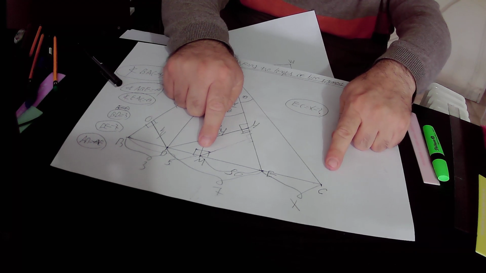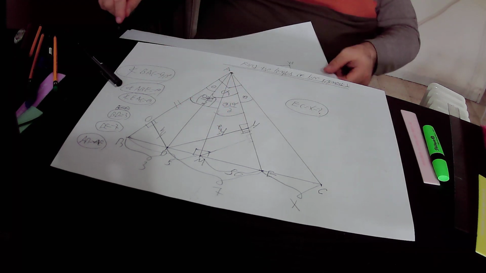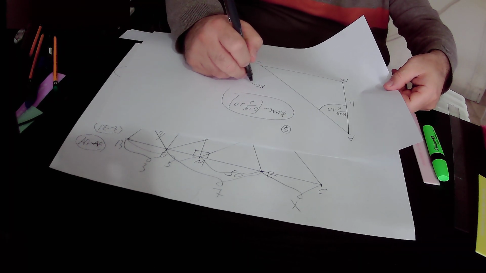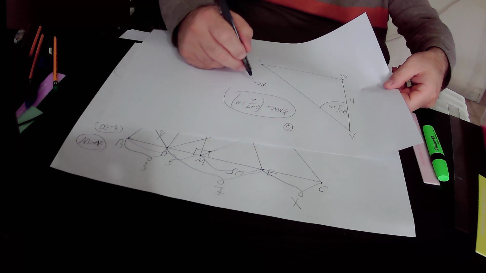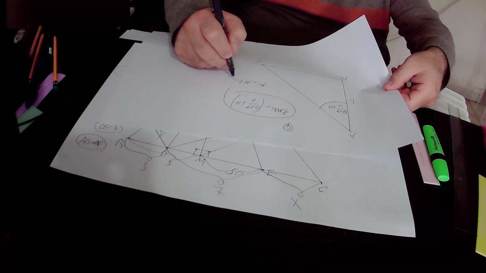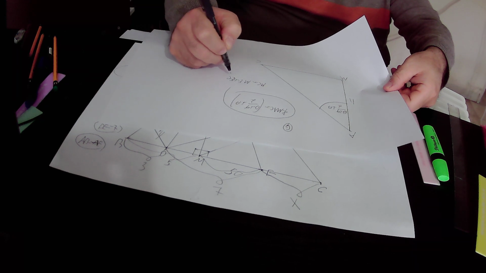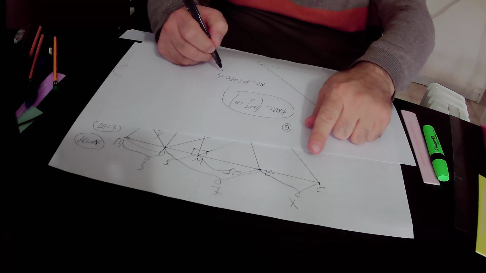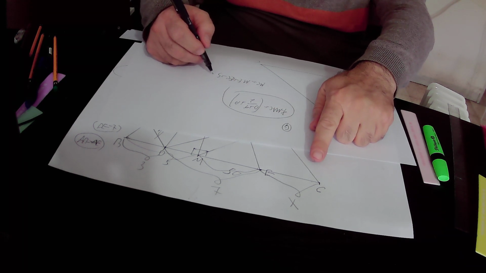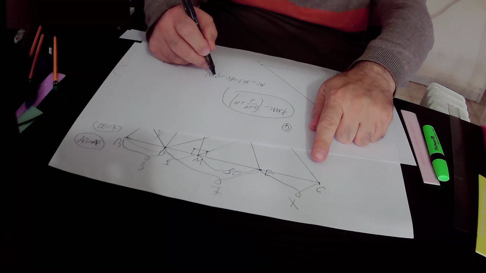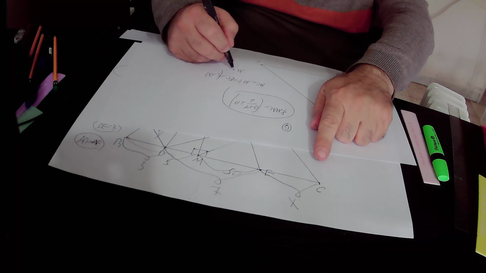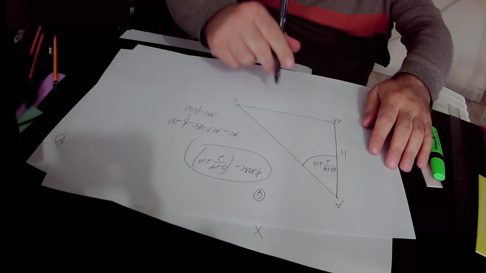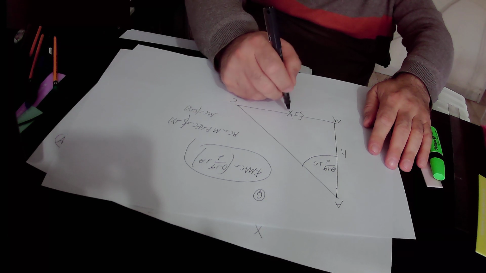MC equals ME plus EC. And we've already found out that ME equals 5 units. And it is given in the question that EC equals X, the value that we are looking for. So in conclusion, MC equals 5 plus X.